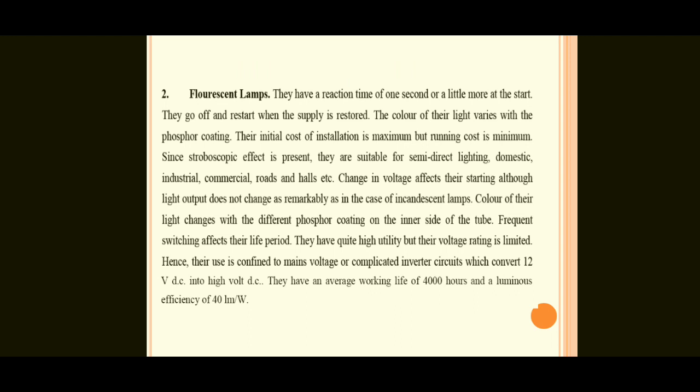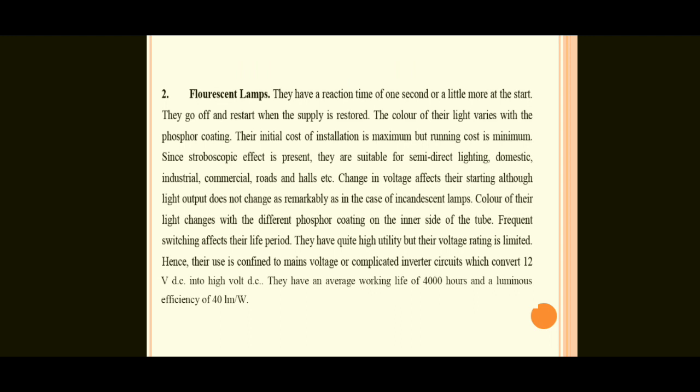But not in the case of fluorescent lamps. If the input voltage is low, the lamp does not glow. So the change in voltage effect will take place.